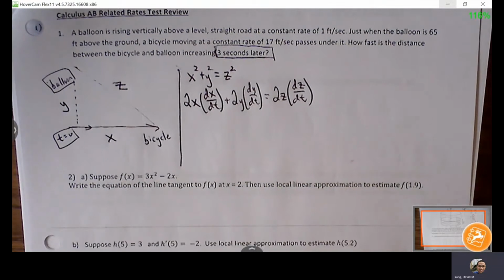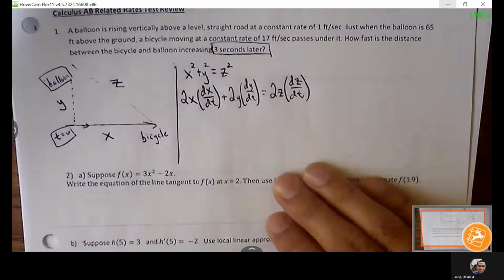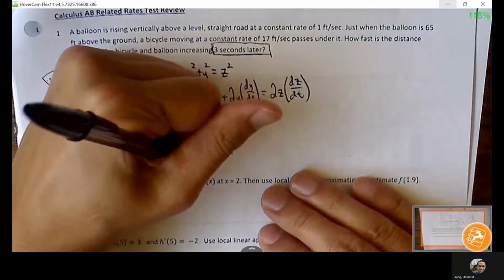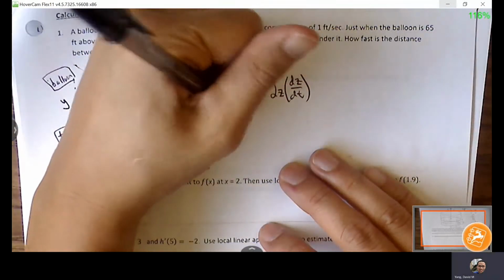Okay, we have all the variables sitting in front of us. Let's go ahead and give room for us to label them.